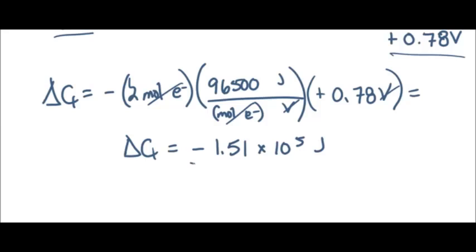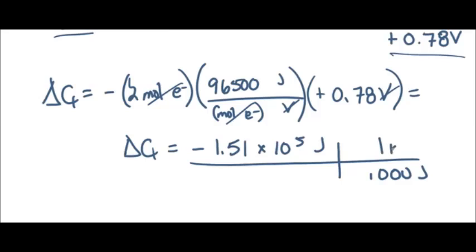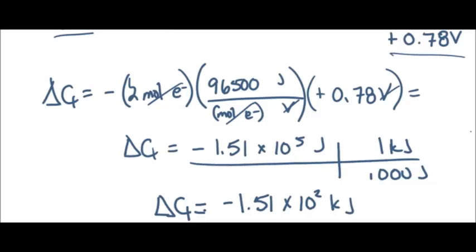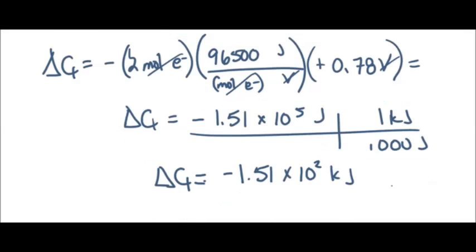Now, if we needed to convert that into kilojoules, make sure that we know that we are dividing by 1,000 joules to make 1 kilojoule. So if the question was asking for delta G in kilojoules, then it'd be negative 1.51 times 10 to the 2 kilojoules. All right, that should be enough to get you started on your homework.